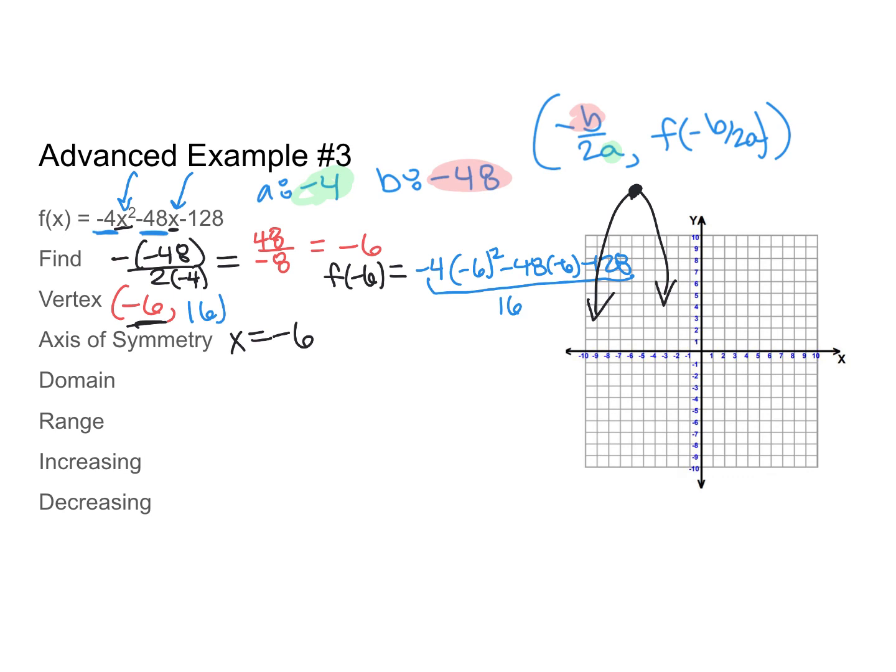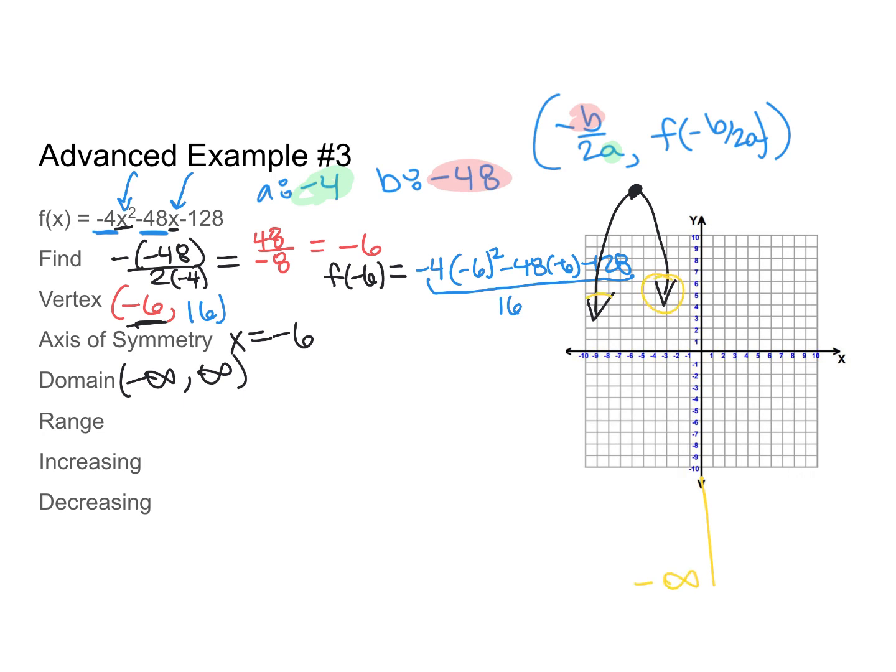Now my domain is always the set of all real numbers for quadratics, always going to be -infinity to +infinity. My range, however, I will have to take a look at, right? And if you think about it, ranges go from bottom to top. So way down low on the y-axis, here's -infinity.